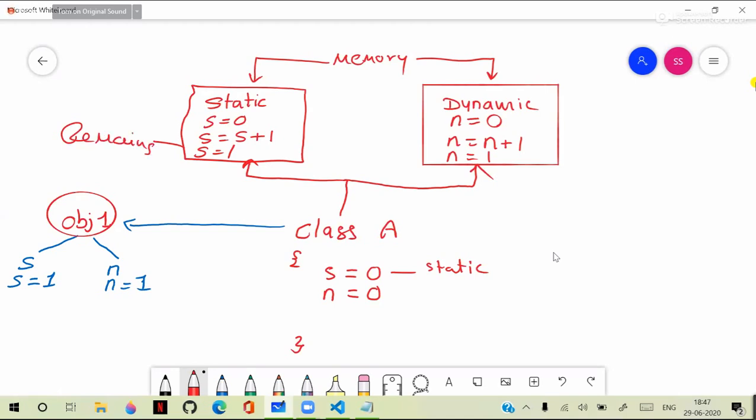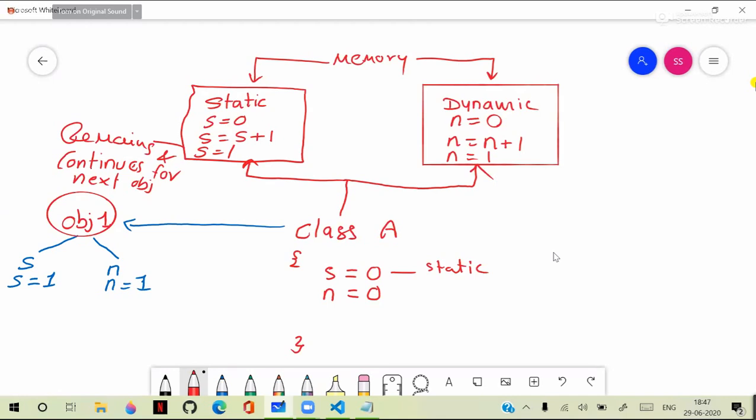Static memory remains in memory and continues for the next object. The static memory created for the first object will continue for other objects.